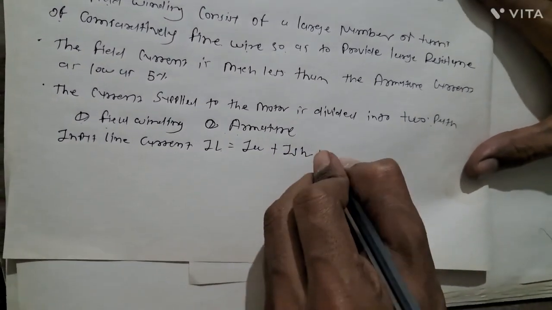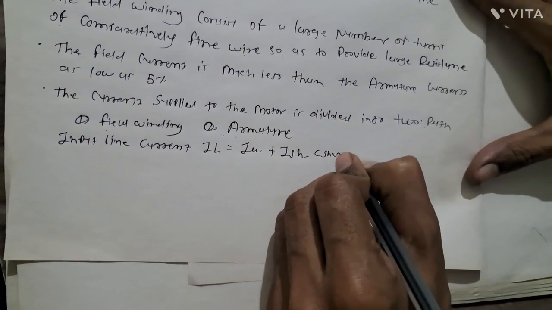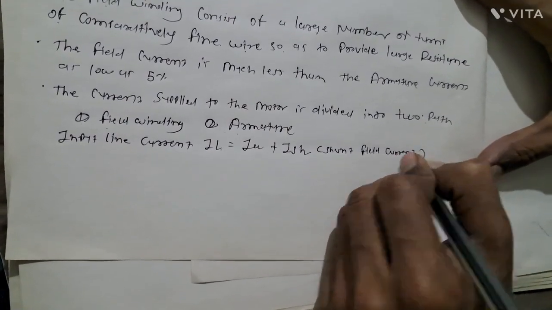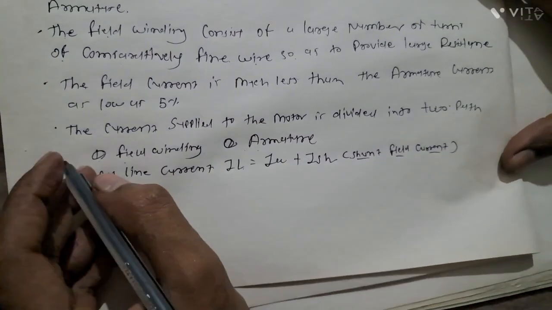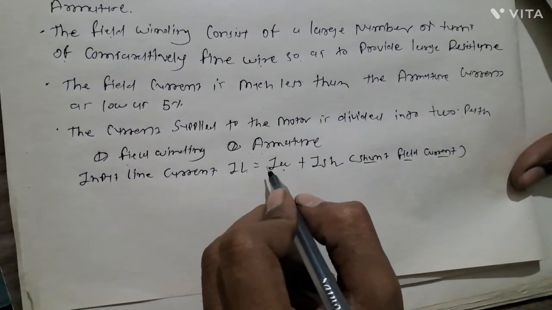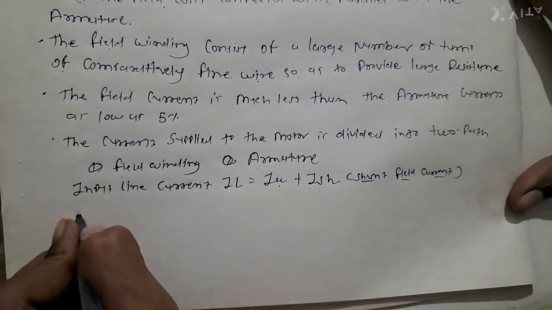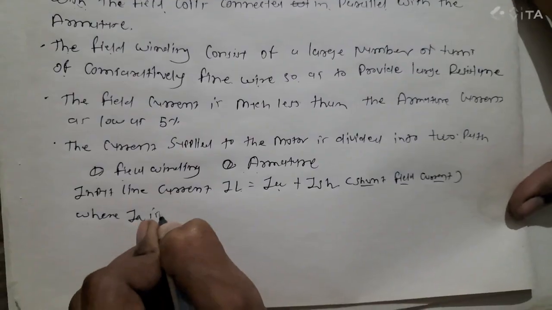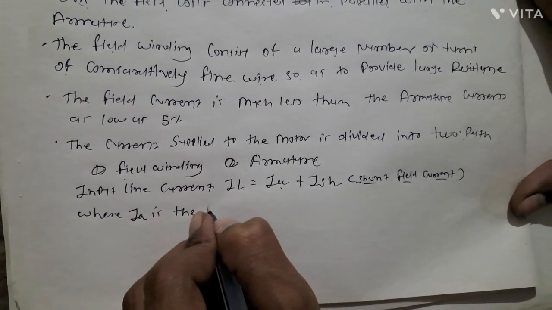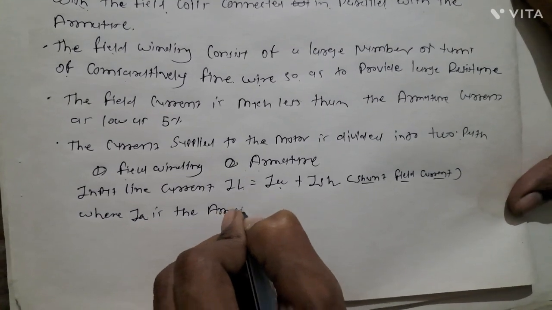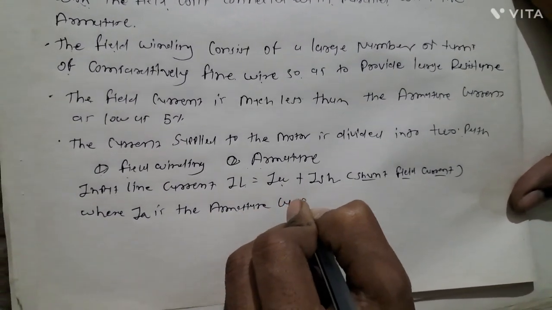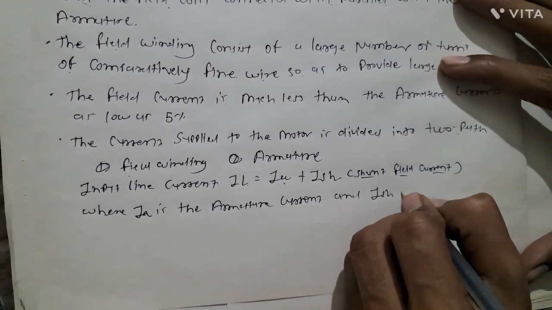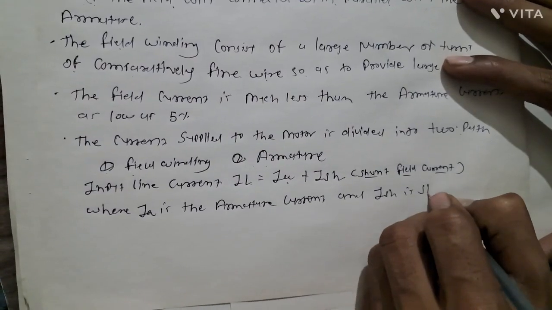ISH means shunt field current, and IA is the armature current, as we know, where IA is the armature current and ISH is the shunt field current.